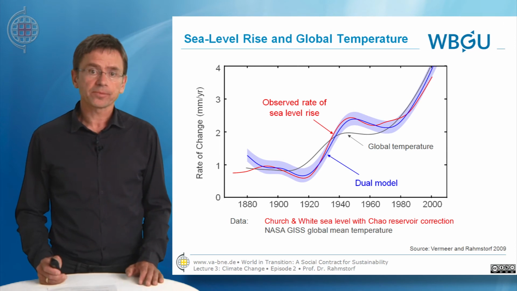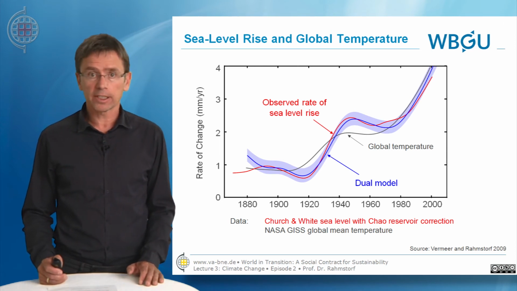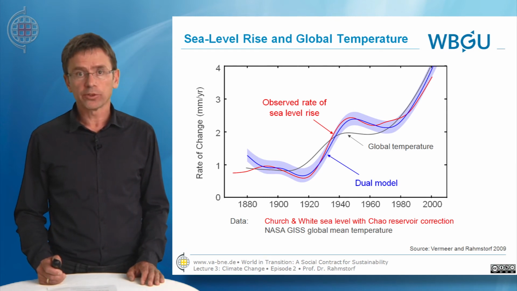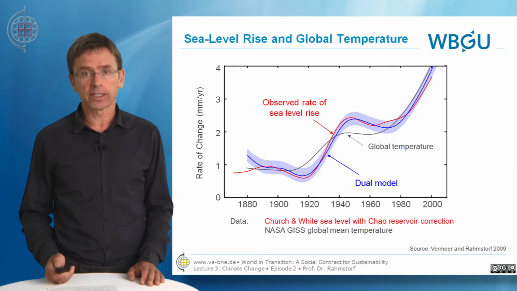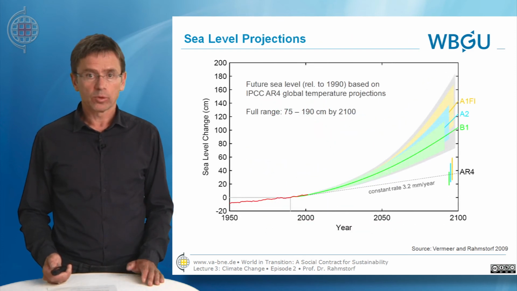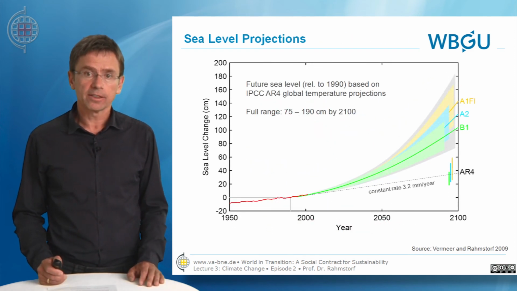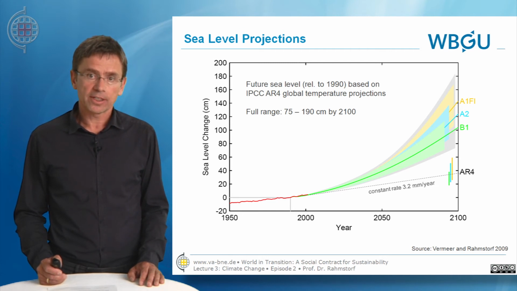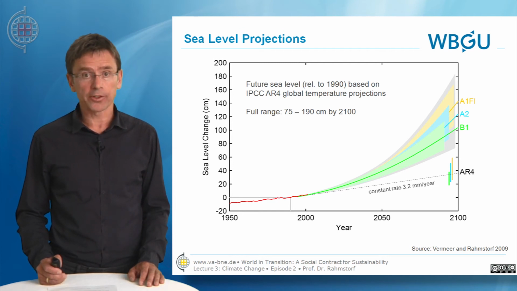Now this is a correlation that you would physically expect and that you observe for the past. And so what if you use this to predict the future sea level? That is what is done in the next slide here. The colorful areas here show this exercise for 3 emission scenarios.